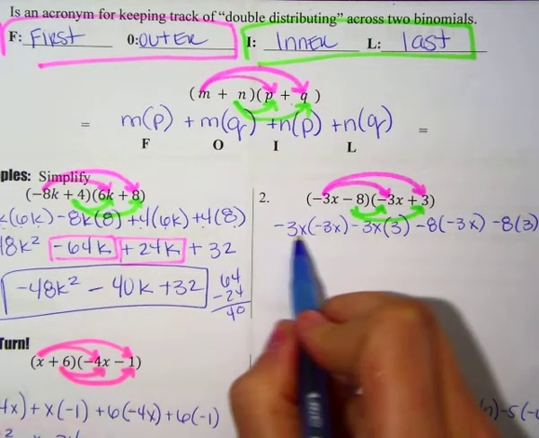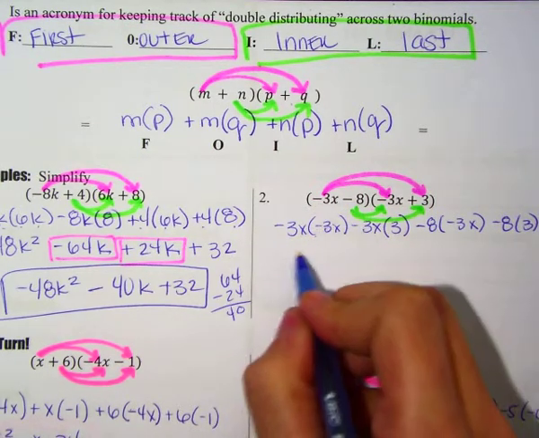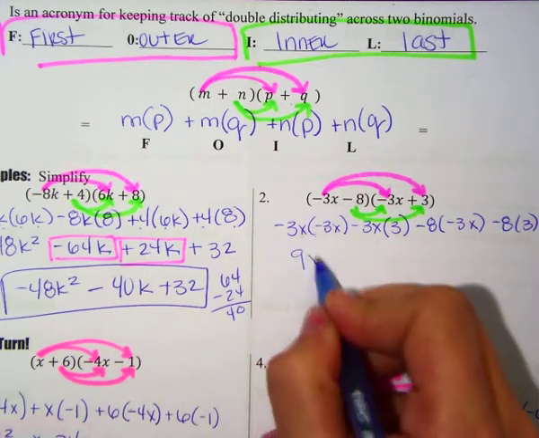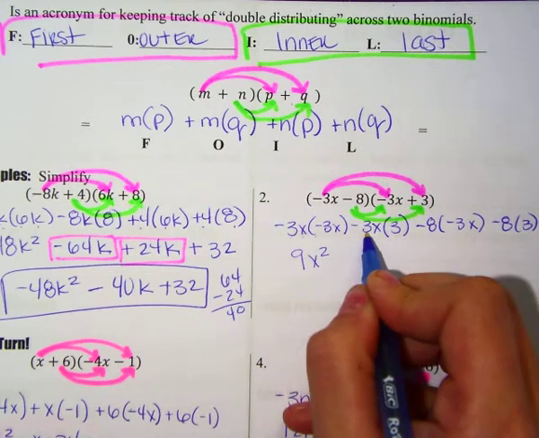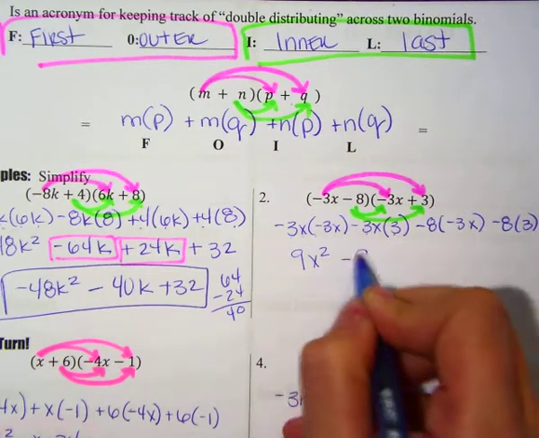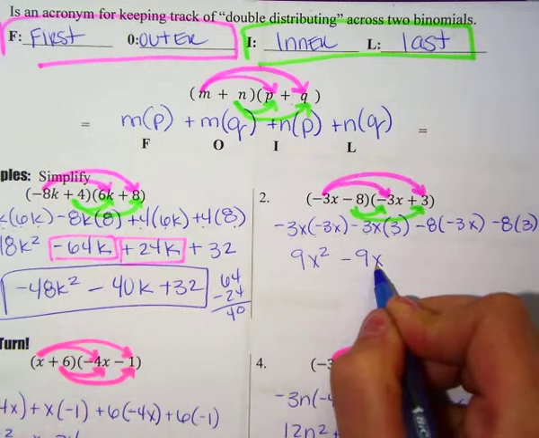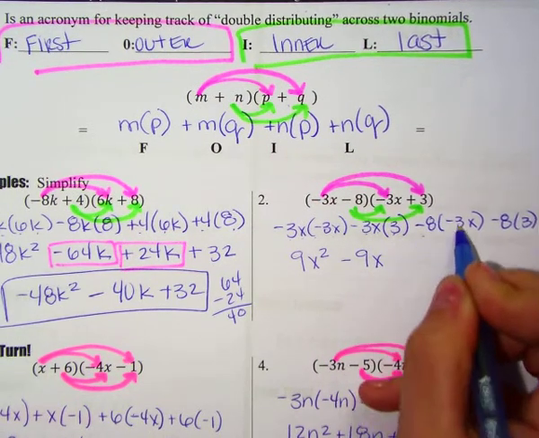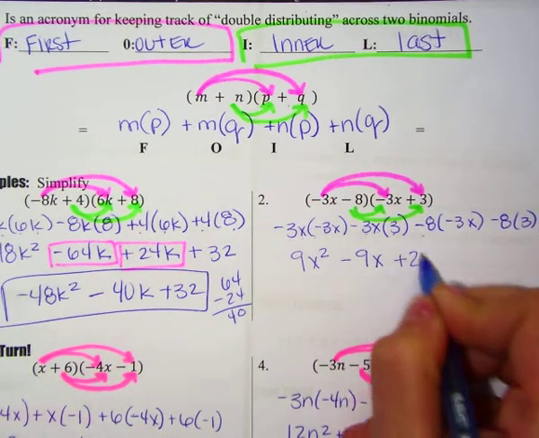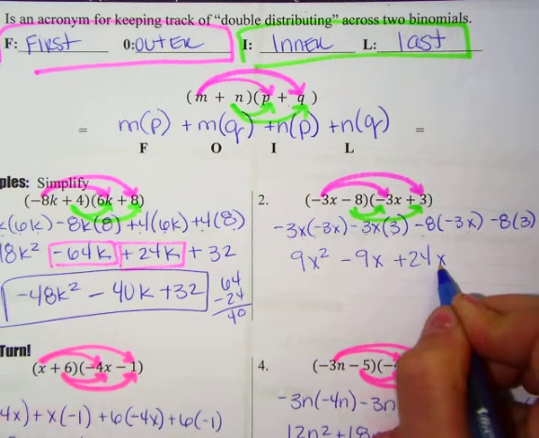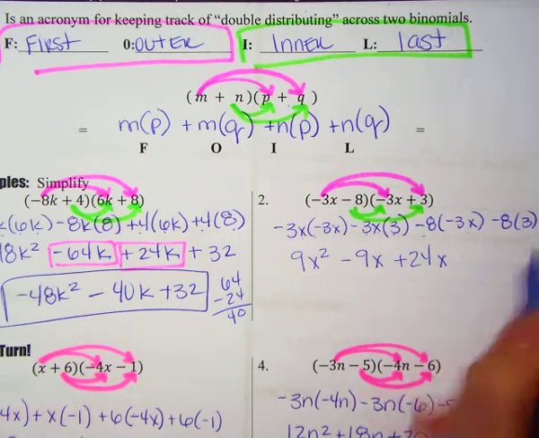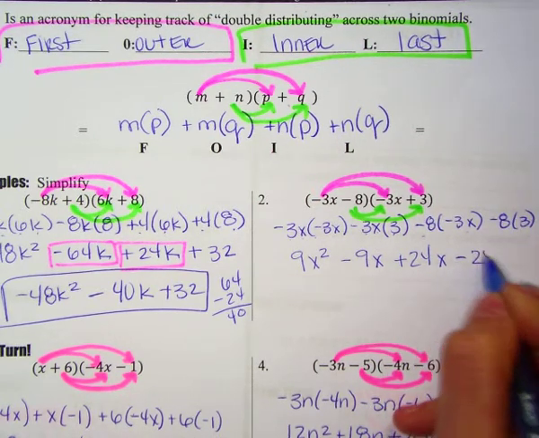Now I'll simplify. Negative 3 times negative 3 is a positive 9. X times x is x squared. Negative 3 times a positive 3 is a negative 9, then an x. Negative 8 times a negative 3 is a positive 24, then an x. Negative 8 times a positive 3 is a negative 24.